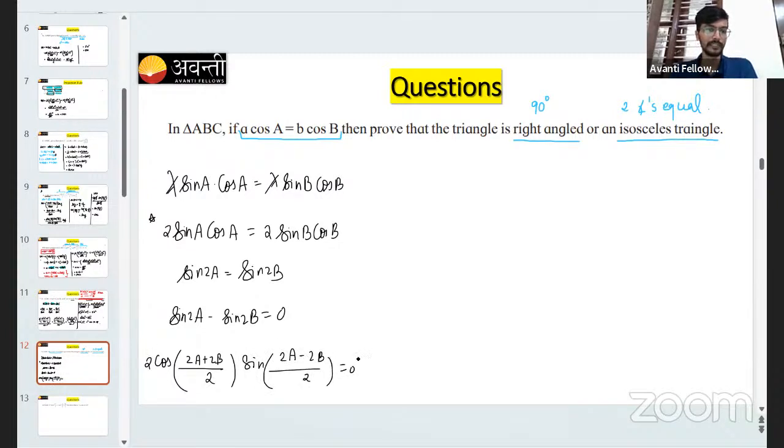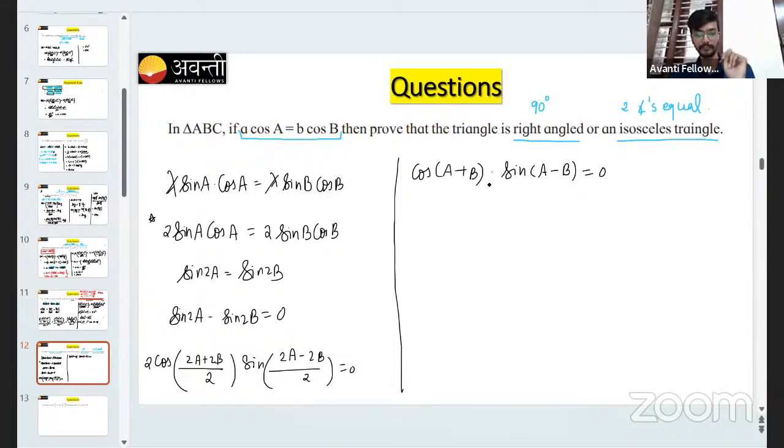So this 2 will go with 0. It will get cancelled. I'll take 2 common from the numerator, it will get cancelled out from the denominator. So I'll get cos A plus B into sine A minus B is equal to 0.